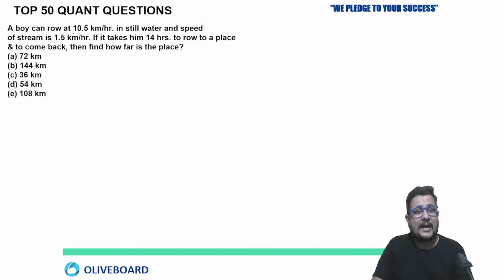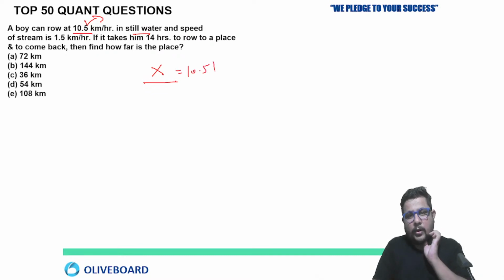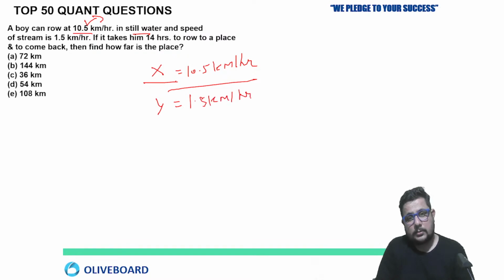A boy can row at 10.5 km per hour in still water. Okay, so this is the speed of that boy, X, the speed of that boy in still water, not in downstream. And the speed of the stream, which is Y, is 1.5 km per hour. If it takes 14 hours to row to a place and come back, then find how far the place is.